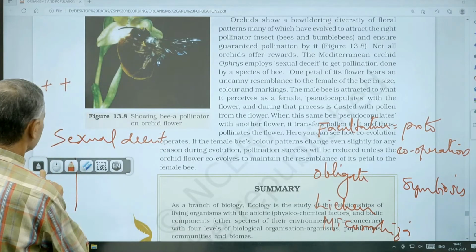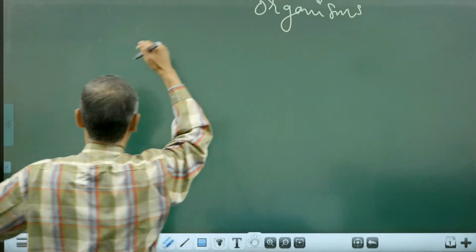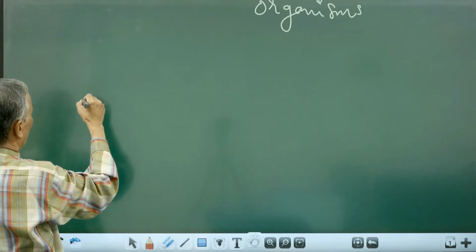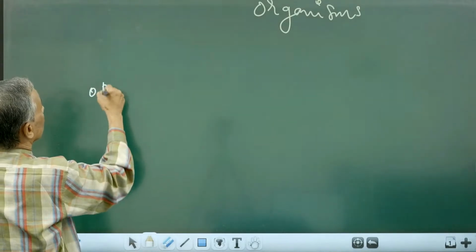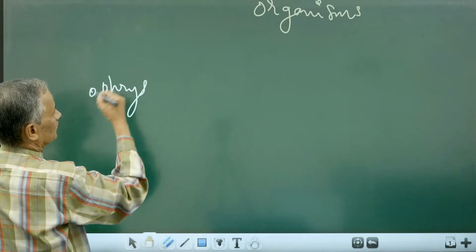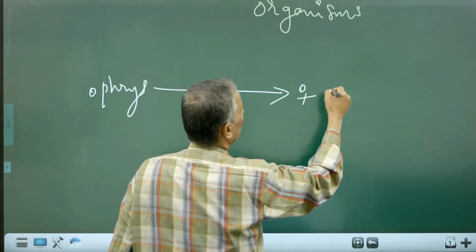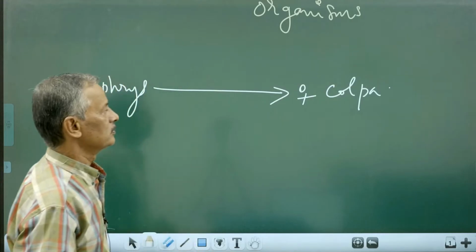Okay. You will be having the Colpa flower, sorry, the Ophrys musifera flower. Ophrys is mimicking a female Colpa aureus. That's a bumblebee. Okay.